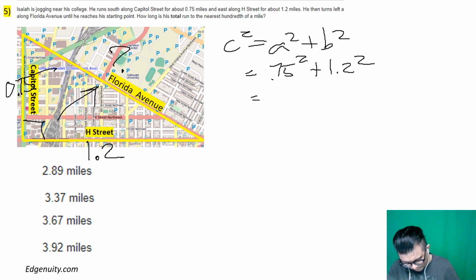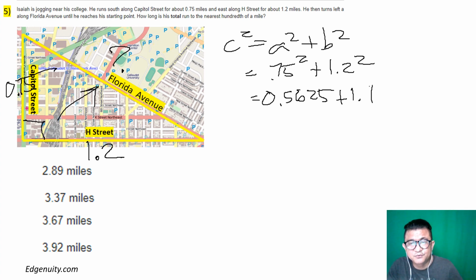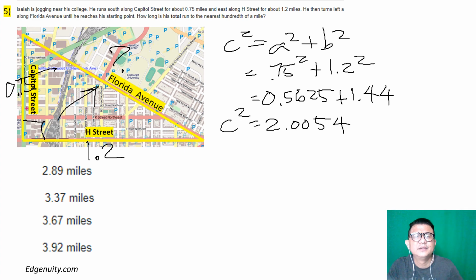Get your calculator. 0.75 squared gives me 0.5625 plus 1.2 squared is 1.44. Let's add them up. 1.44 plus 0.5625, you will get 2.0025. That's C squared, okay?